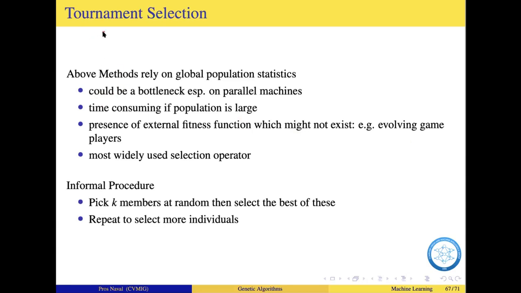Tournament selection is one of the most widely used selection operators. Formally, the procedure is: we pick K members at random, then select the best of these, then repeat to select more individuals.